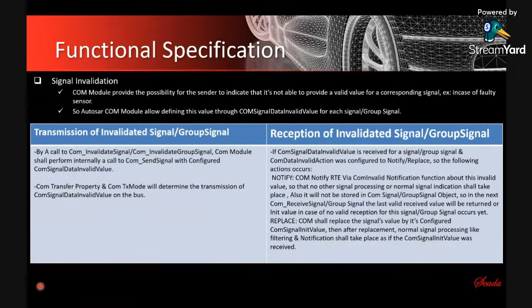Let's go to the next one. We have something called signal invalidation. What is meant by signal invalidation here? We have a transmitter ECU and a receiver ECU. The one who transmits the messages sends data from the software components, like some very important signals, but at some point they also have their own mechanism in their own ECU to test.